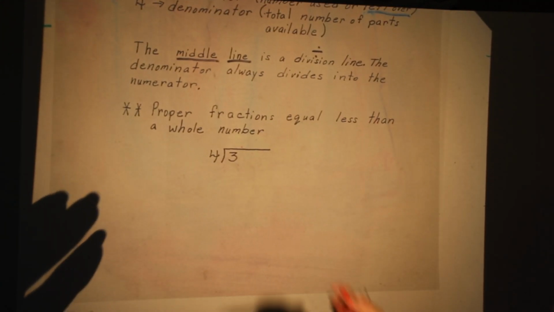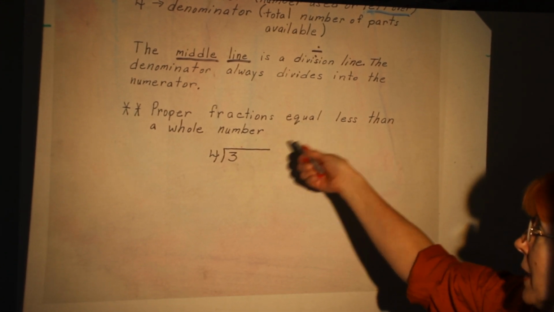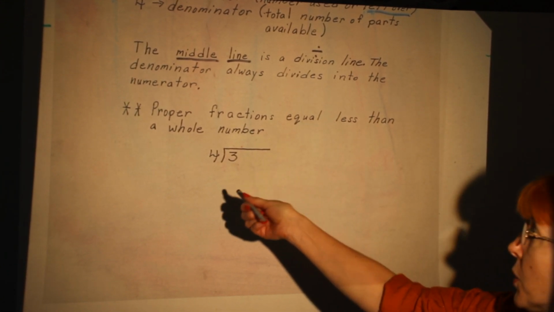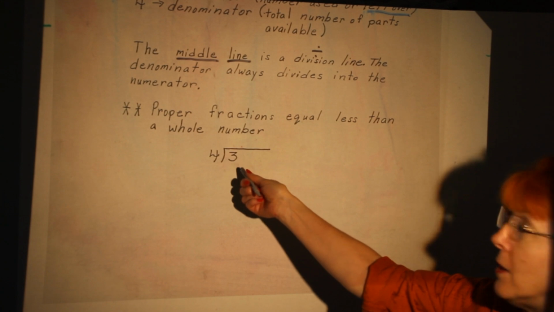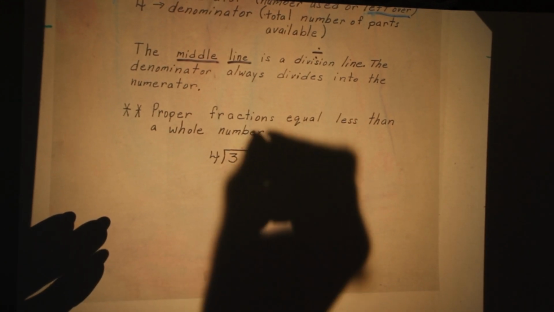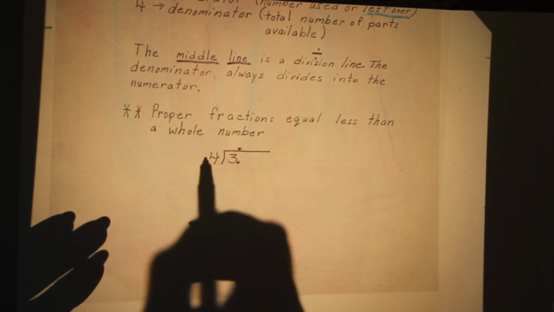Your proper fraction will equal less than a whole number. So you've got 4 divided into 3. That's technically what you're doing. So you put a decimal here, decimal goes up here. How many 4s can you get out of 3? You can't get any. How many 4s can you get out of 30?